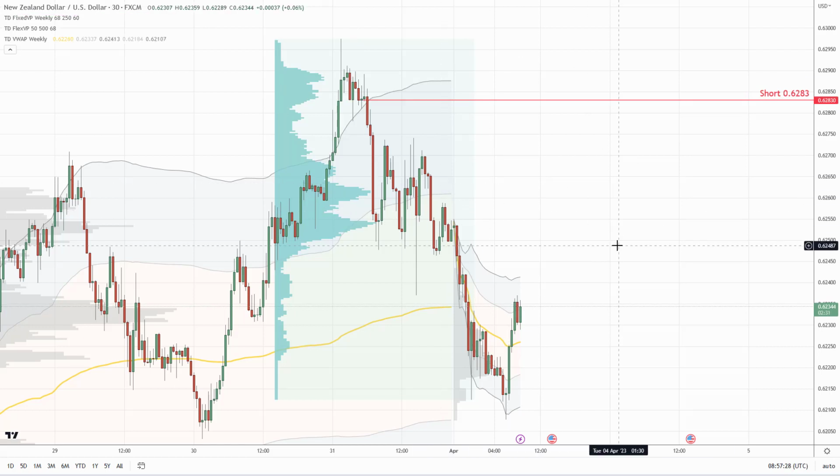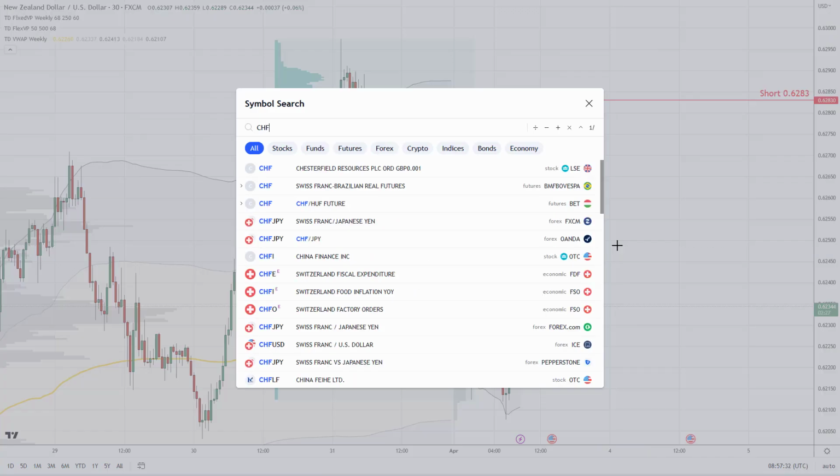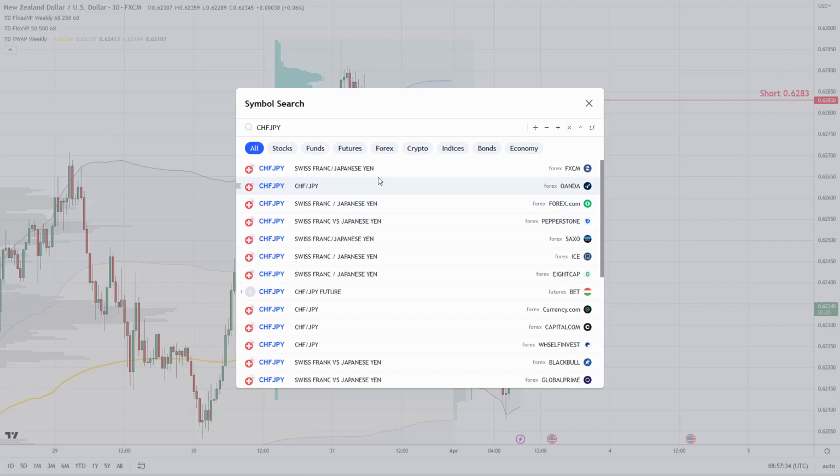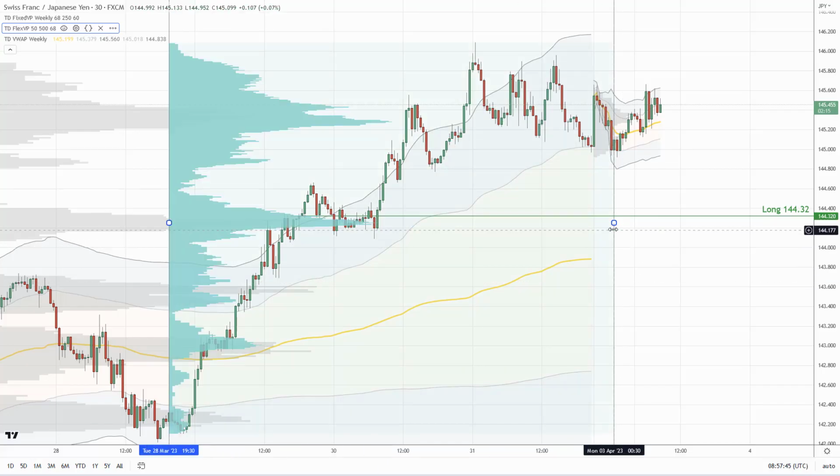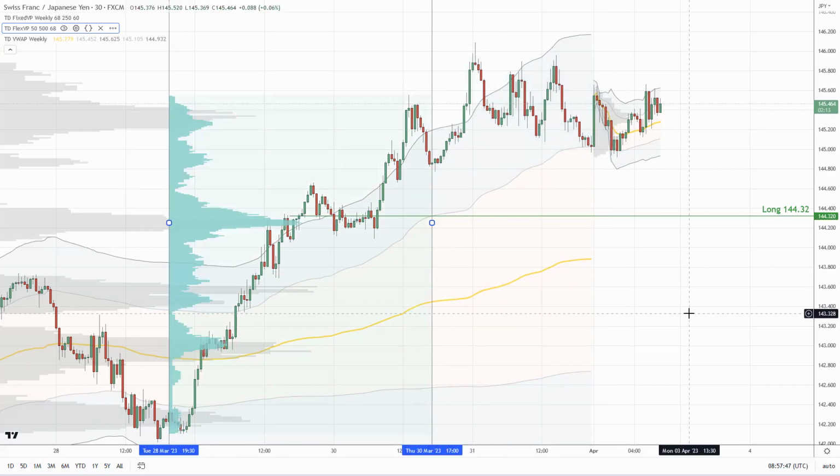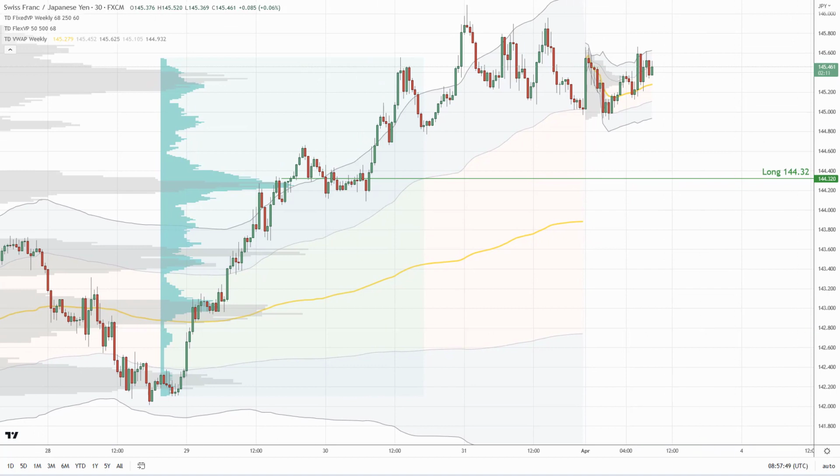Now let's move forward and check out the next trading idea. It will be on the Swiss franc, Japanese yen. So in here, we are looking again at a 30-minute time frame, and again, we will be working with the trend setup, the same setup as we've been working on the ES earlier.